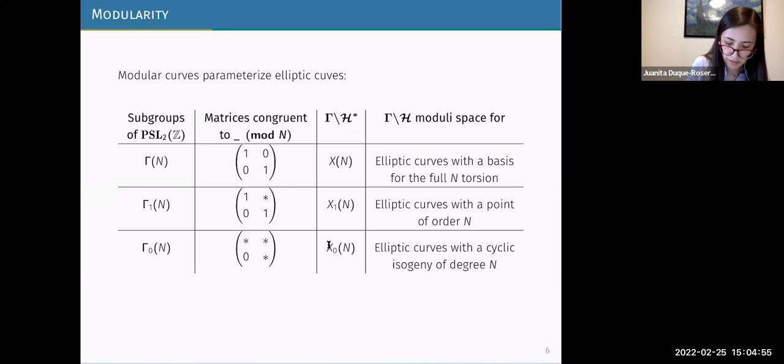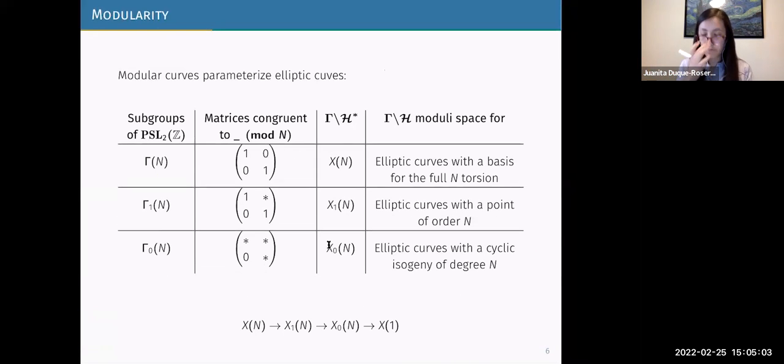So it's clear that these congruence subgroups are contained in each other, so we get maps for the curves, right? We get some maps here, and maybe a good idea would be to study these covers to understand all these curves for these particular congruence subgroups.